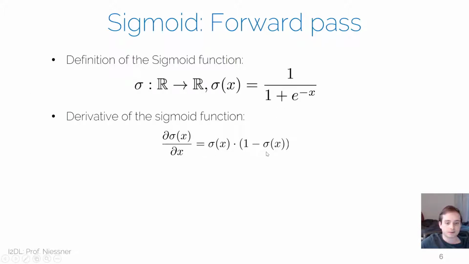What's special about it is that the derivative of the sigmoid function can be written in terms of the sigmoid function itself, which is a nice property and saves you some computational power. And that's why it's a good activation function for neural networks, because you only have to evaluate basically the value of the sigmoid, and you already have the value of the gradients for free.